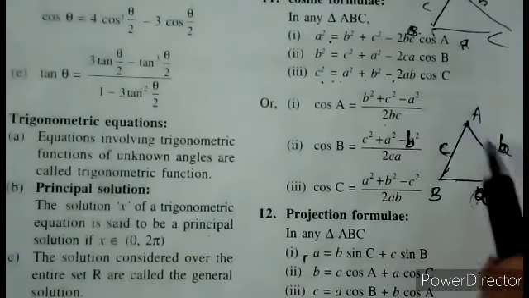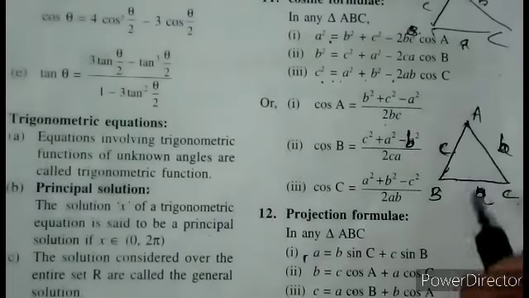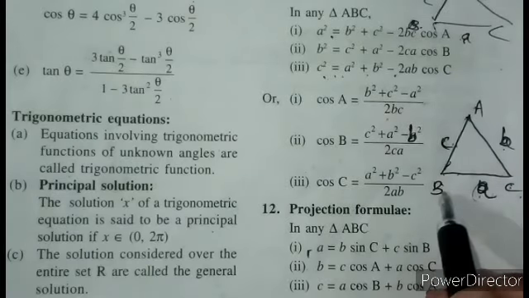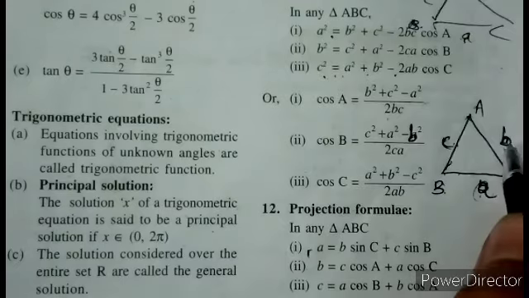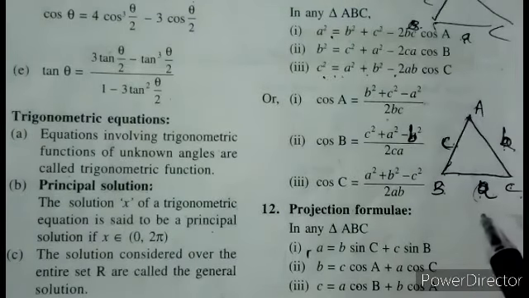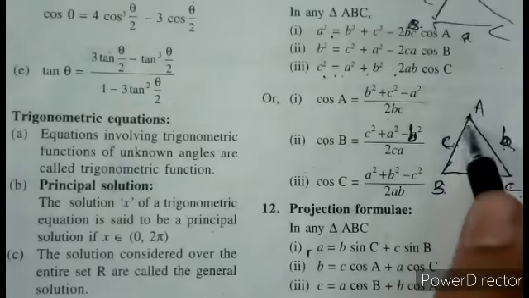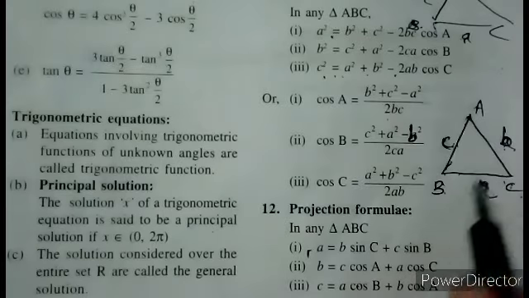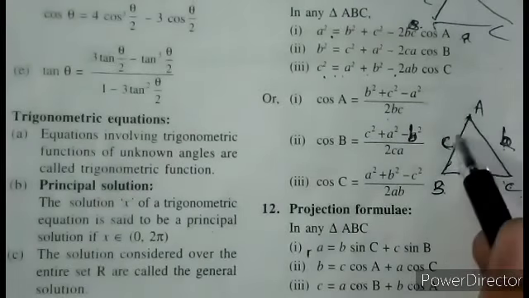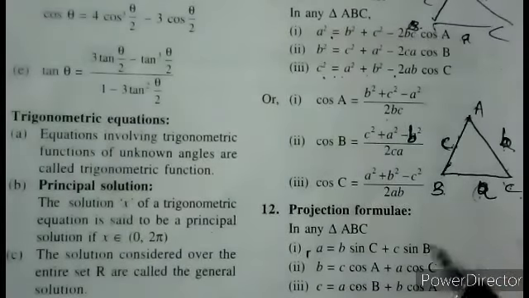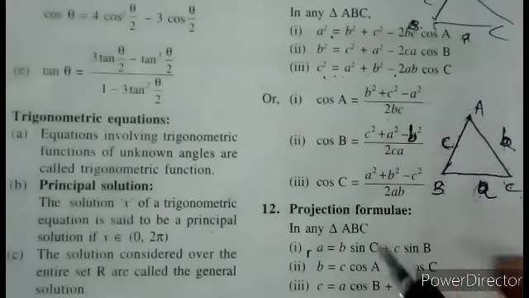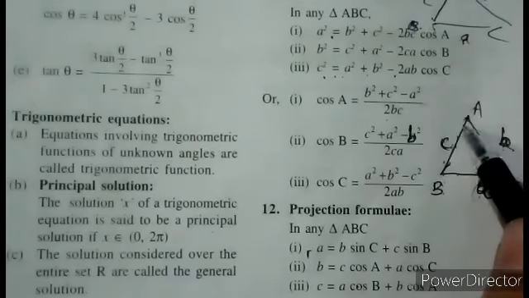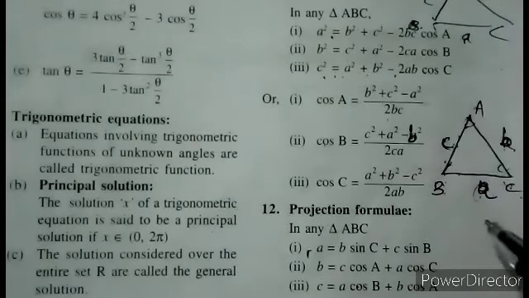Then how will we find b? b is equal to c cos A plus a cos C. If we find a, then this will be the angle we take: b cos C and c cos B. And if we calculate b, it is c cos A and a cos C added.